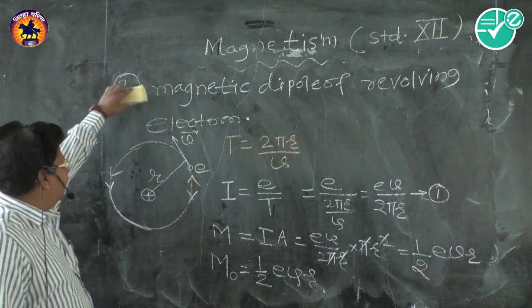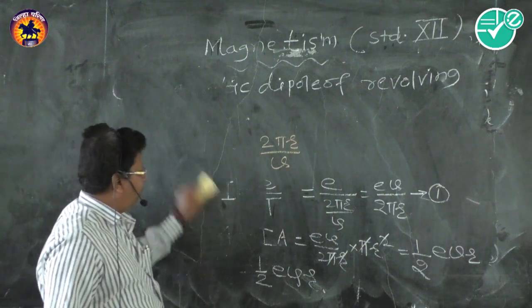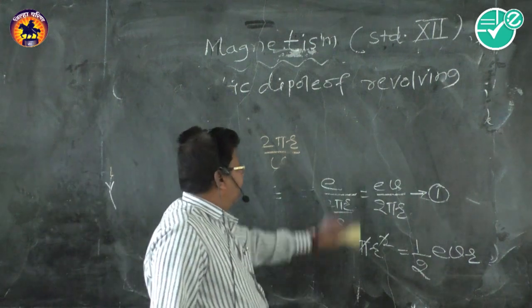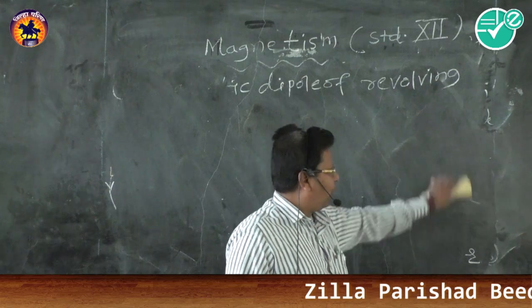Now, we link this magnetic dipole moment of the revolving electron with the angular momentum of the revolving electron.